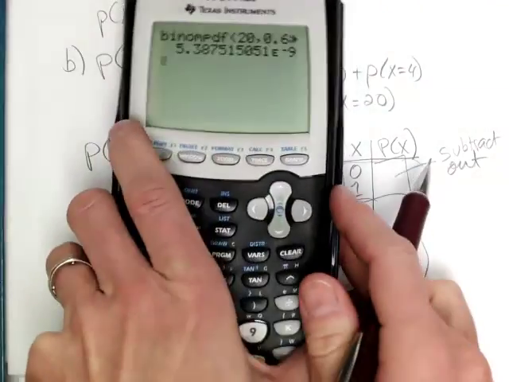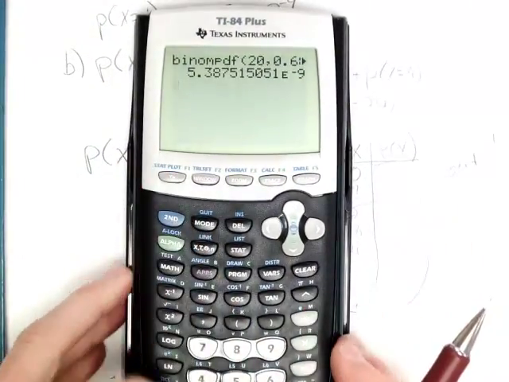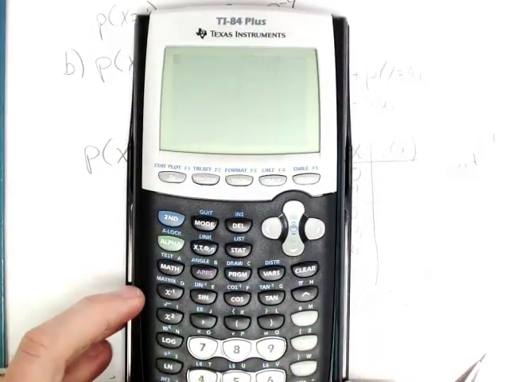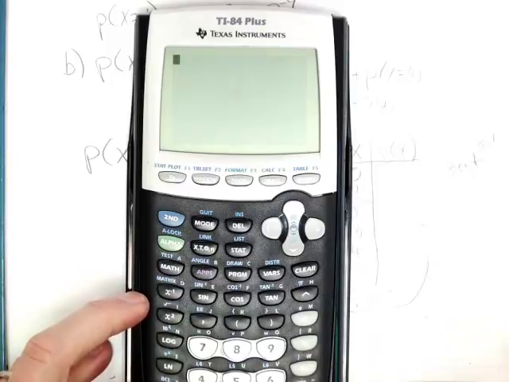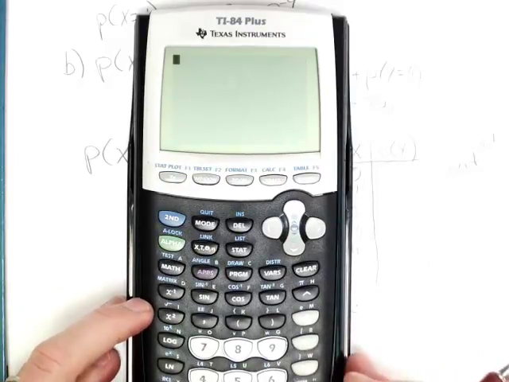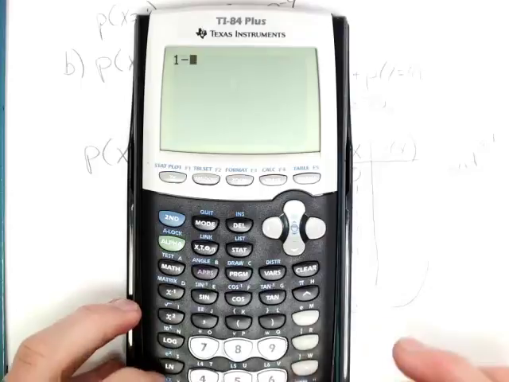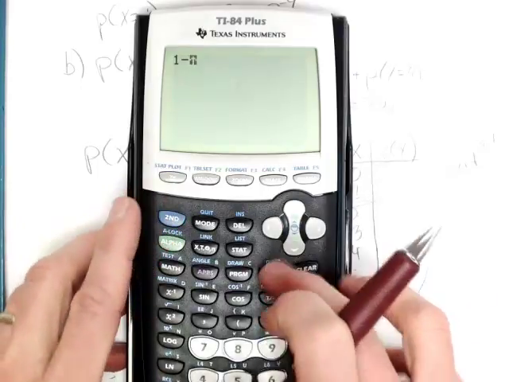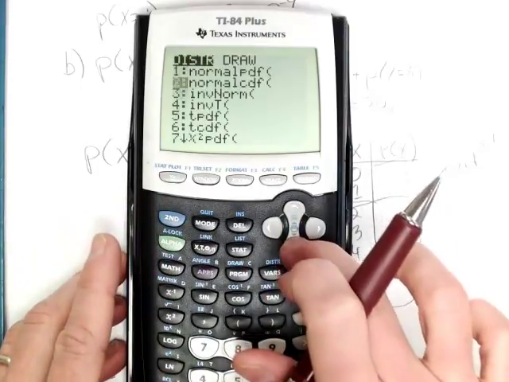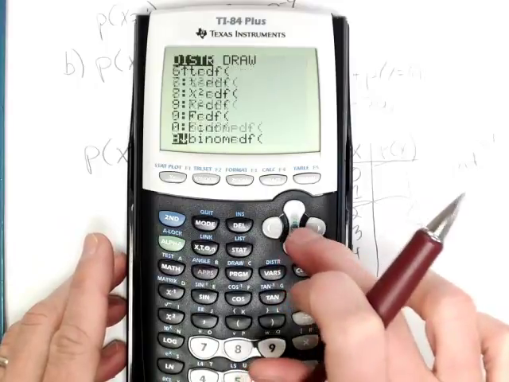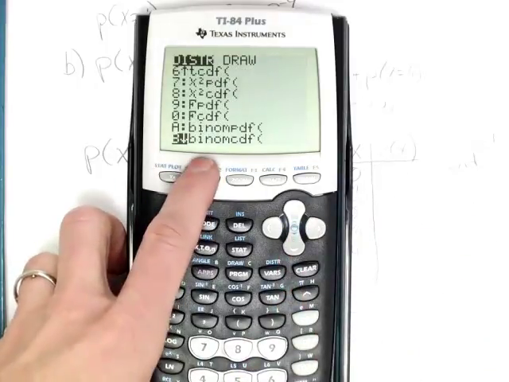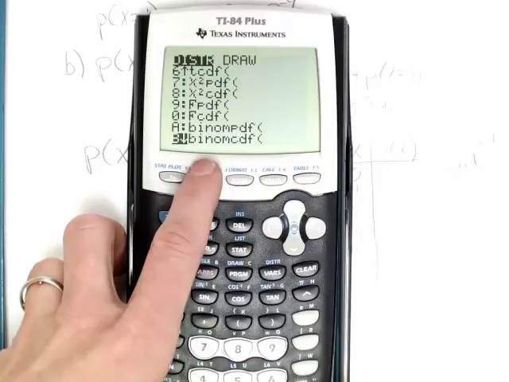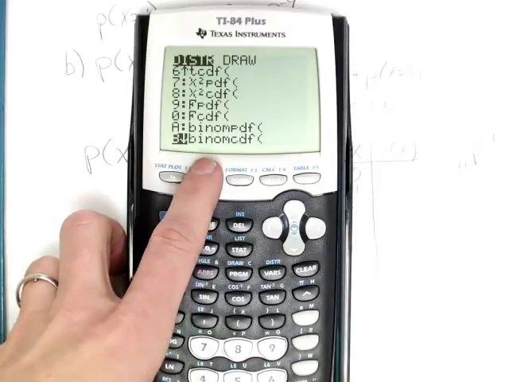So to do this in the calculator, I'm going to put this in one step. I'm going to go 1 minus. Now again, I want to go to my distribution, scroll down to binomial CDF, because I'm summing those two probabilities, x is equal to 0 plus x is equal to 1.